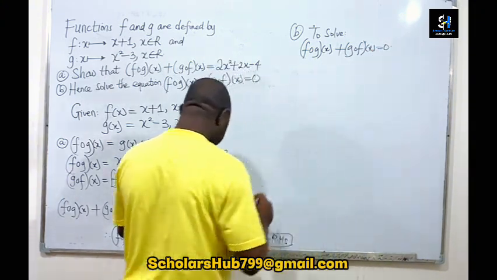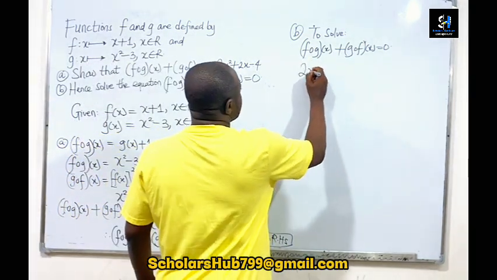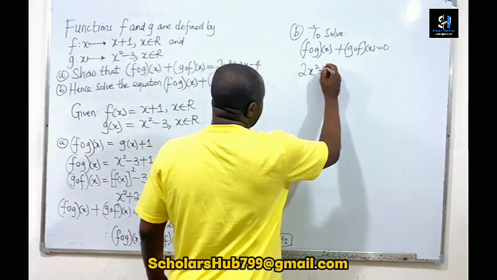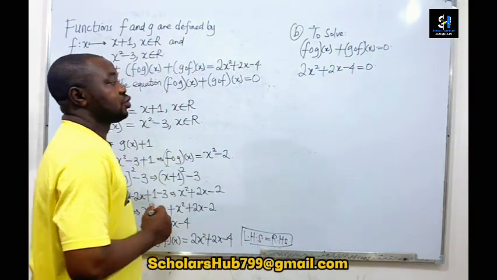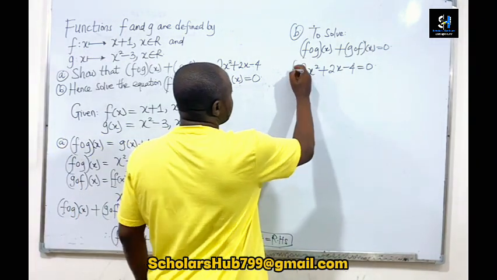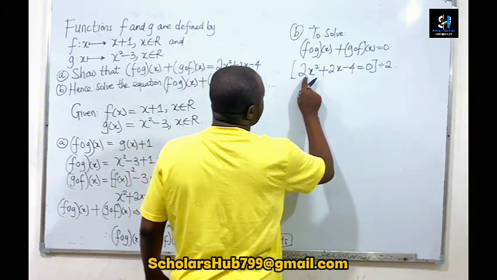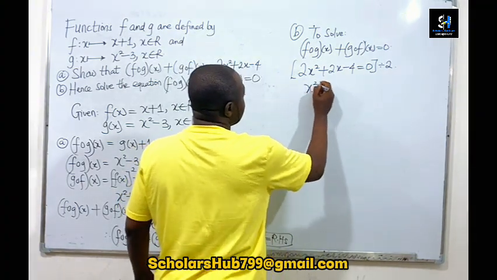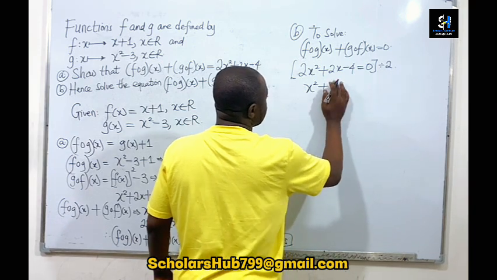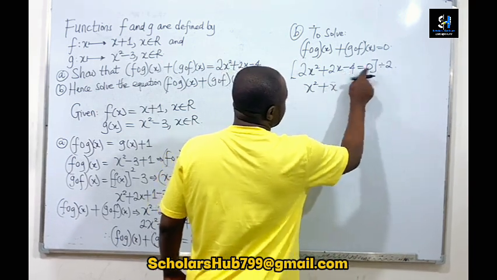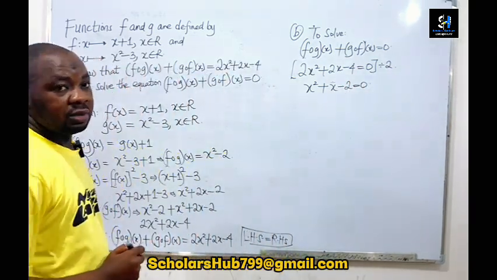We know that the sum of the two composite functions is 2x squared plus 2x minus 4, so we have that equal to 0. First, let me divide through this equation by 2 because 2 is a common factor. 2x squared divided by 2 is x squared, plus 2x divided by 2 is x, then minus 4 divided by 2 is minus 2.